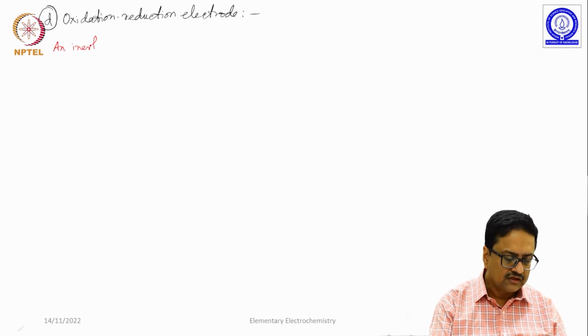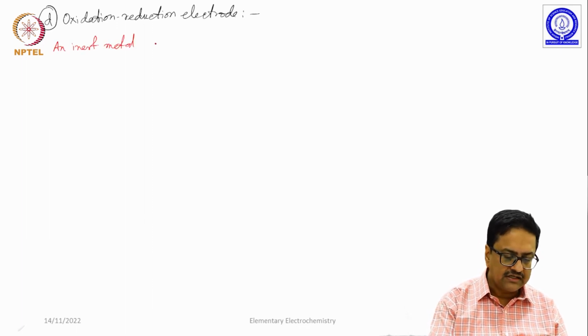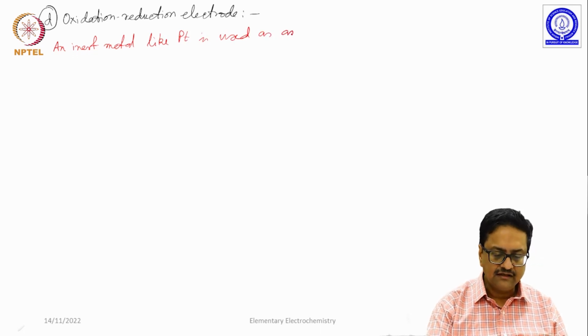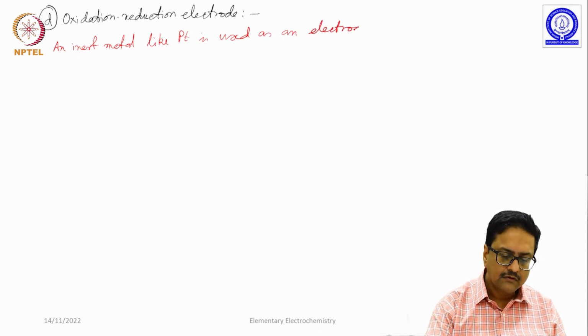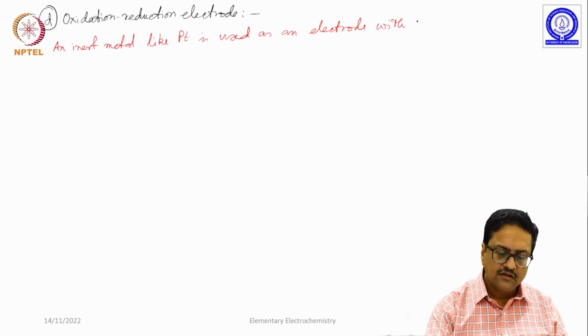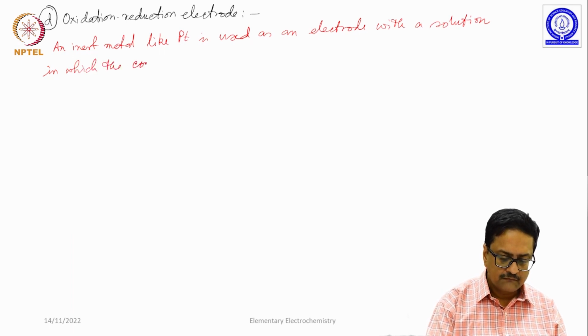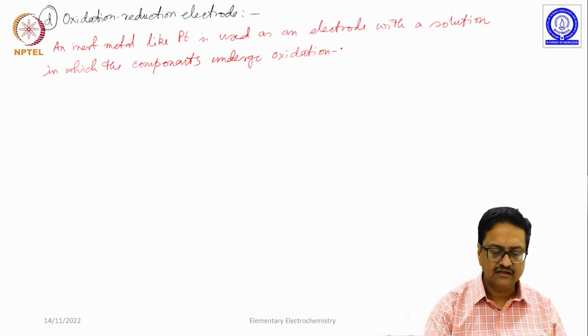An inert metal like platinum is used as an electrode with a solution in which the components undergo oxidation or reduction.